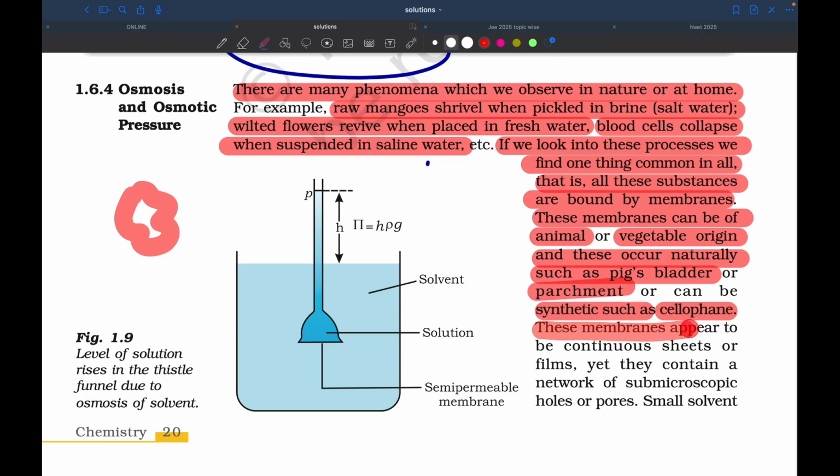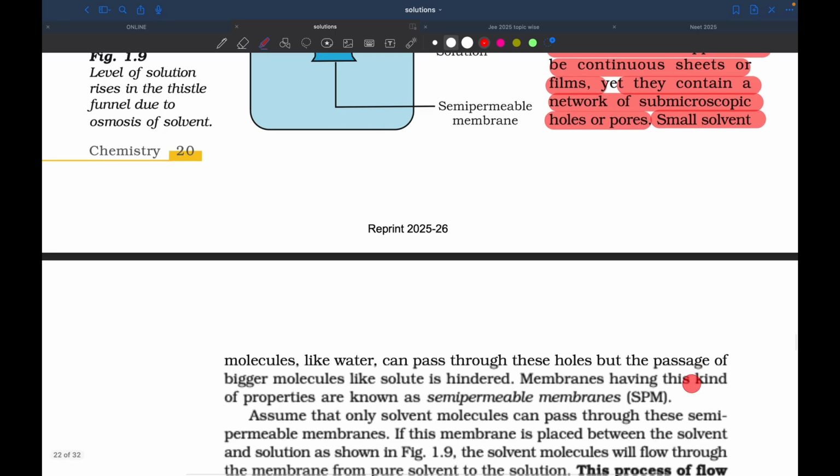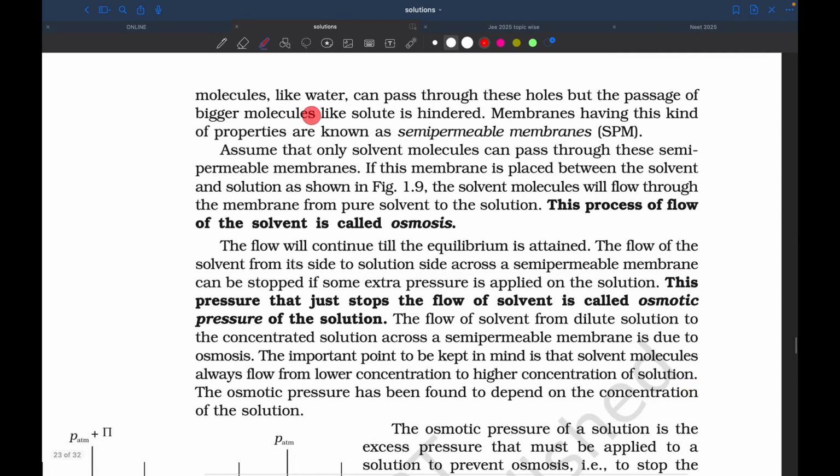These membranes appear to be continuous sheets, films, yet they contain a network of submicroscopic holes or pores. Small solvent particle molecules like water can pass through these holes, but passage of bigger molecules like solute particles is hindered.